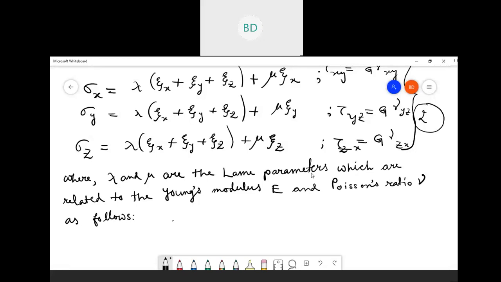So lambda is equal to nu into E by (1 plus nu) into (1 minus 2 nu).